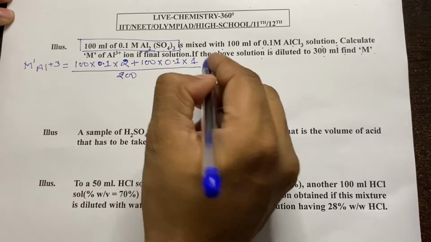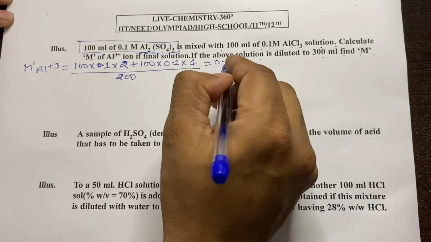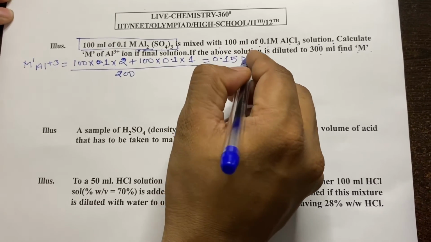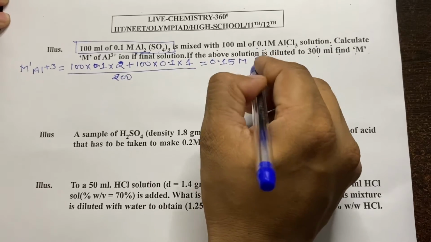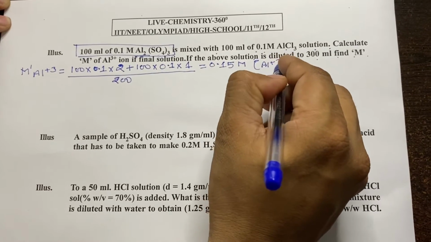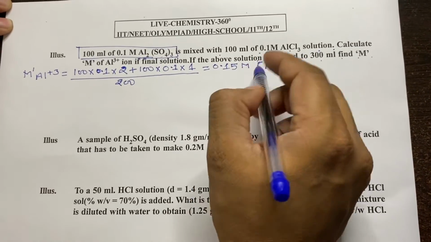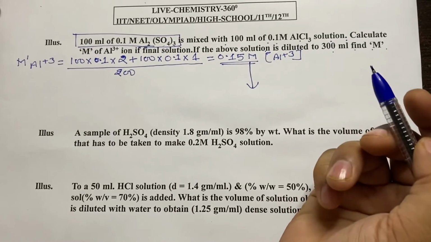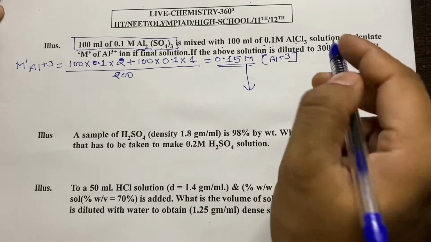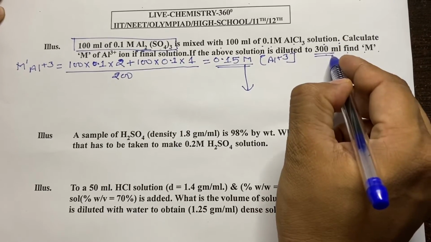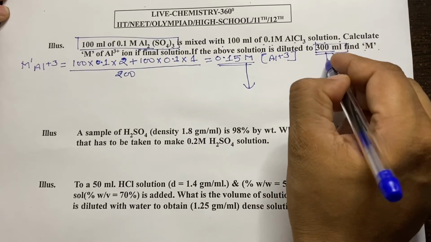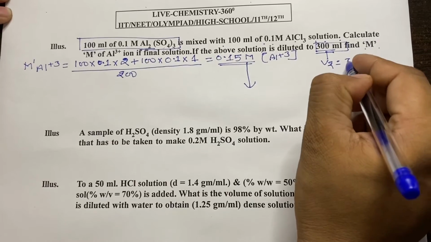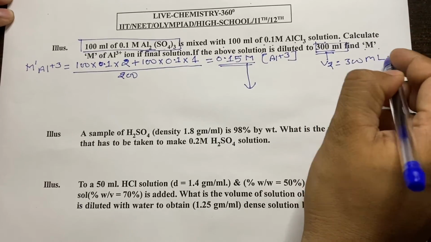So when you solve this, you will get 0.15 M of Al3+ concentration. Now it is given that this 0.15 M Al3+ solution has been diluted to 300 ml, which means that the final volume of this solution becomes 300 ml.